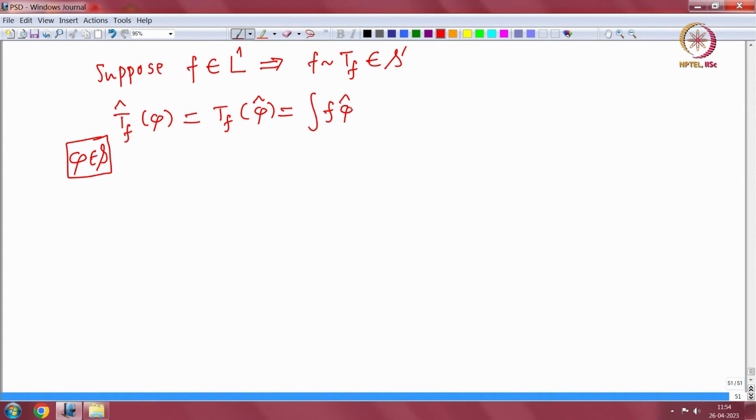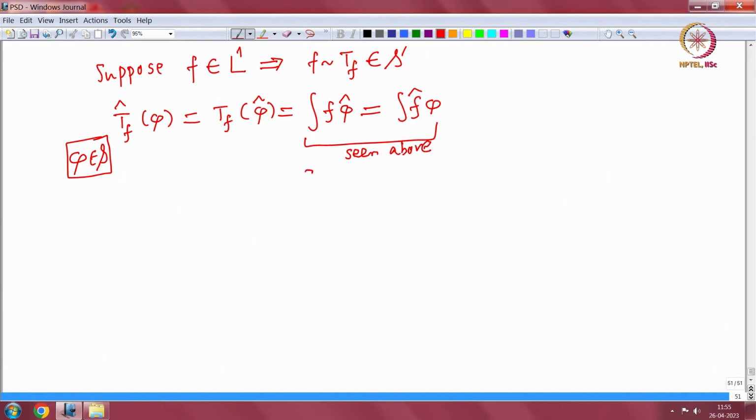Okay. And now you use this one. Just now I said that if f and phi are in L1, this is the same as the f hat seen above.